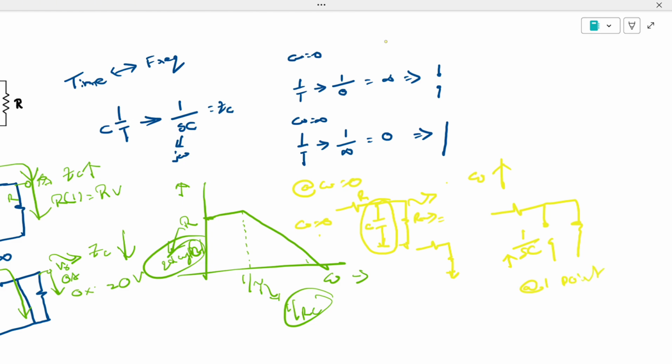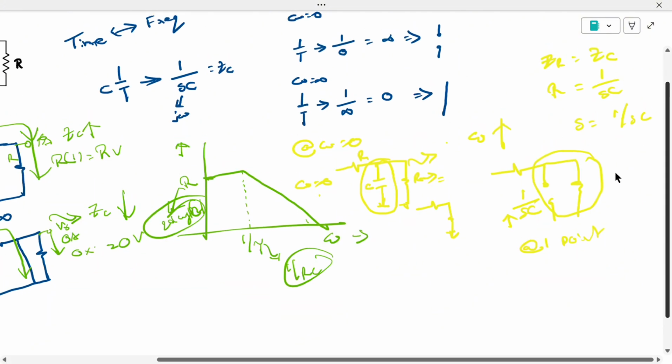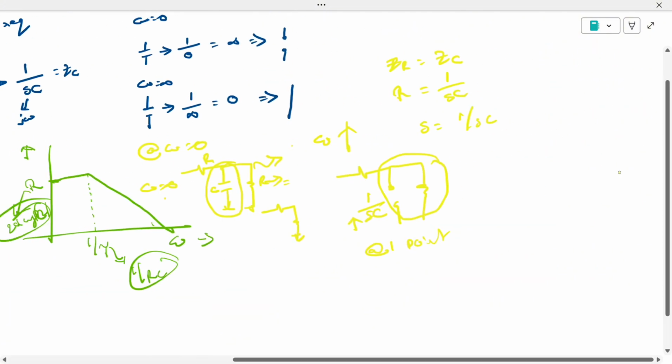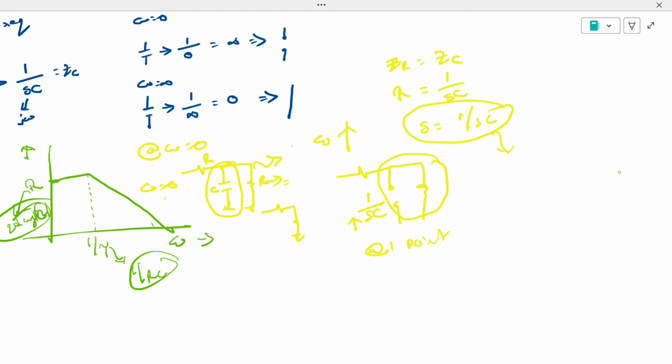At one point, the impedance of this R and C will become equal. At one point, ZR will be equal to ZC, such that ZR is equal to R and ZC is 1 by SC. That frequency is given by 1 by RC. At this frequency, the impedance of capacitor will also matter.